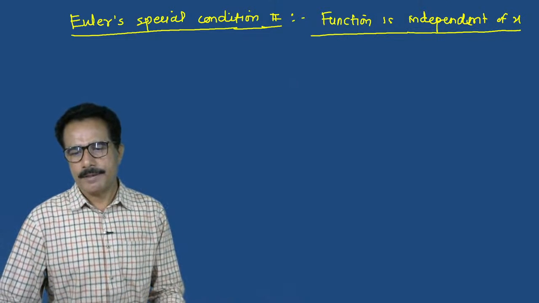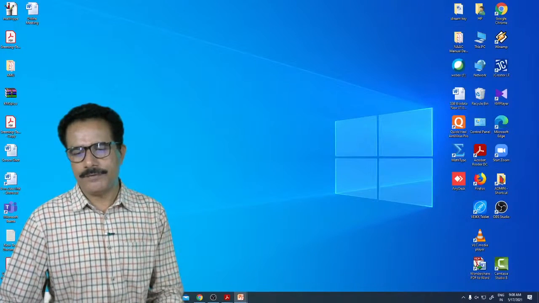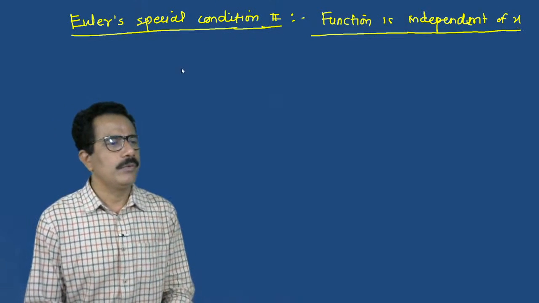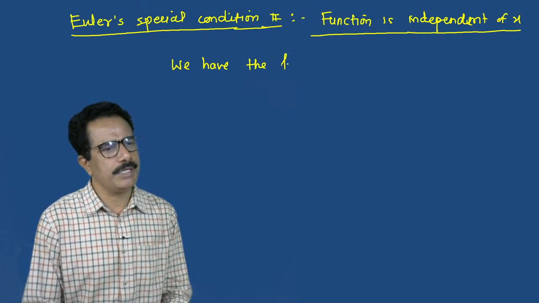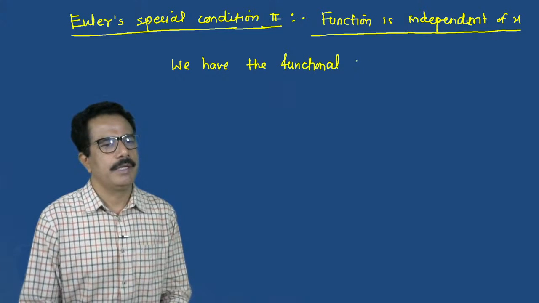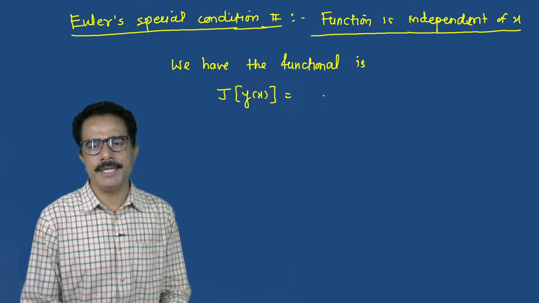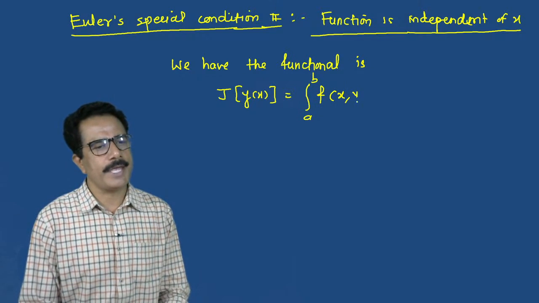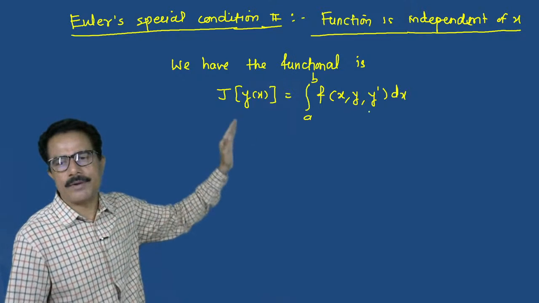You know that the Euler's function, which is independent of x, the functional we have is J of y of x, which can be written as the integral from a to b of f of x comma y dash. Here the function is of x comma y dash.